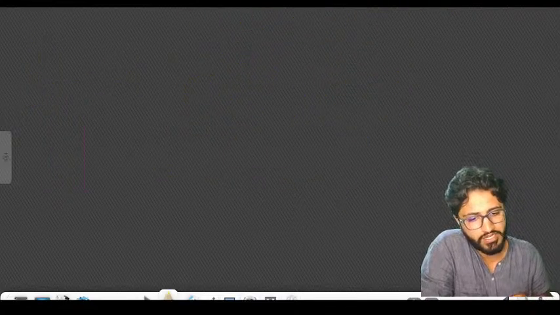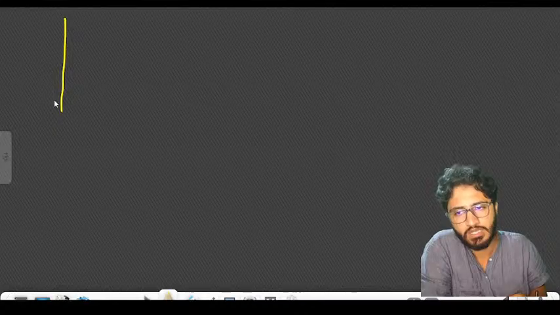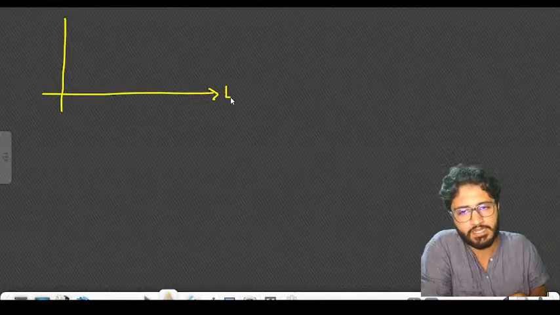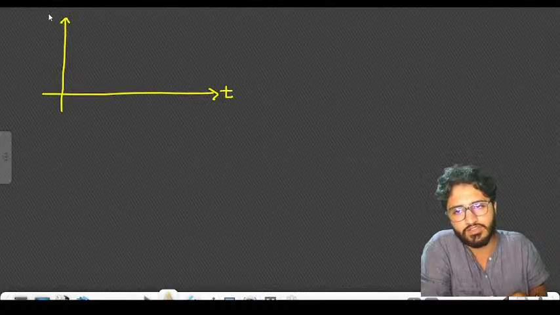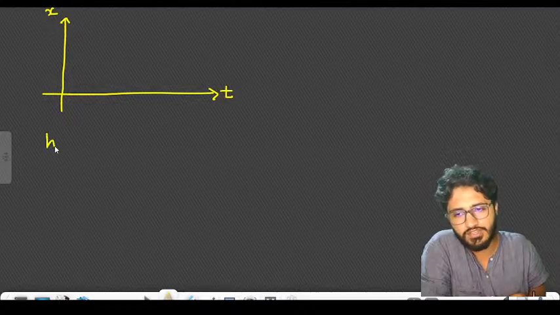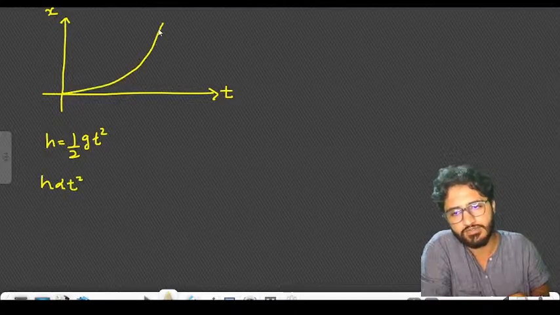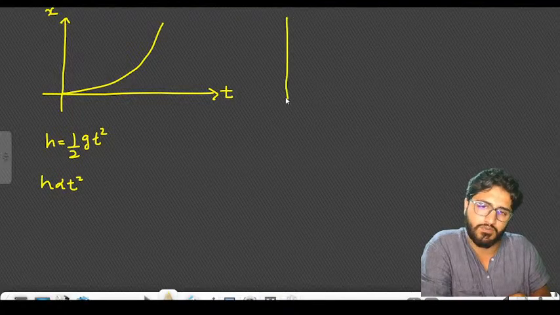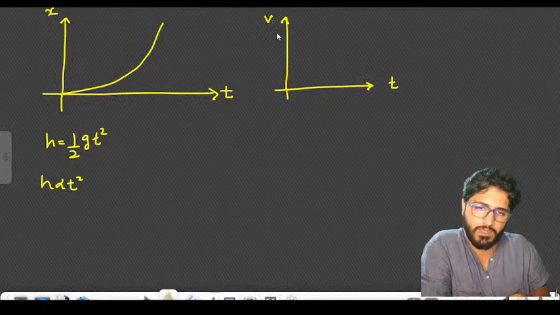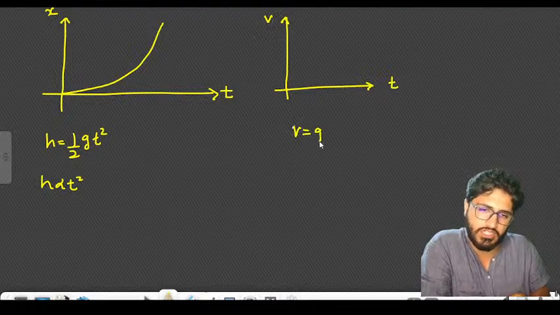Now if we talk about its graphs, it is graph t, this one is x. So h equals 1 by 2 g t square. So h is proportional to t square. So its graph will look like this. Second one, t versus v. v equals gt.